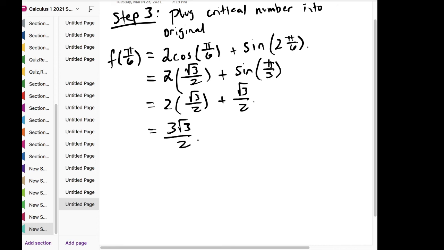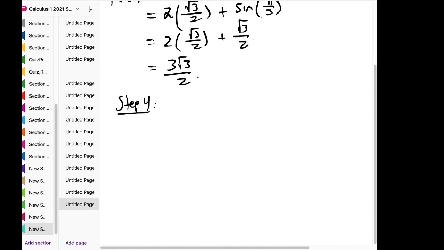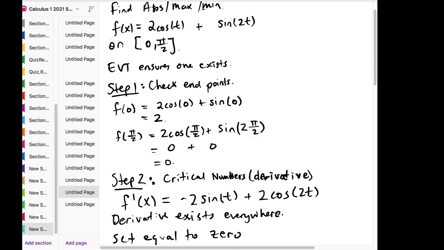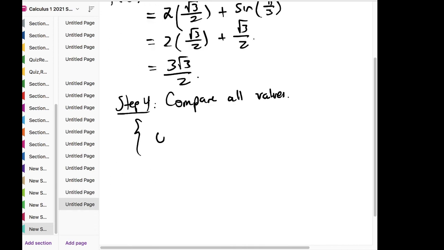All right, so what's our last step? Yeah, compare all numbers. Okay, so we had 2 and 0, and 3 root 3 over 2.